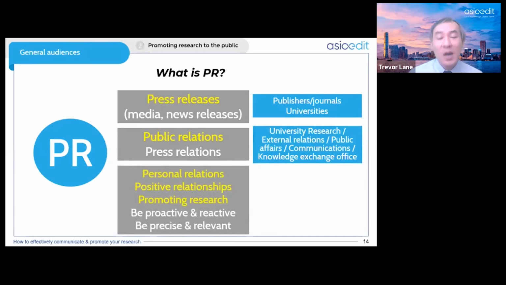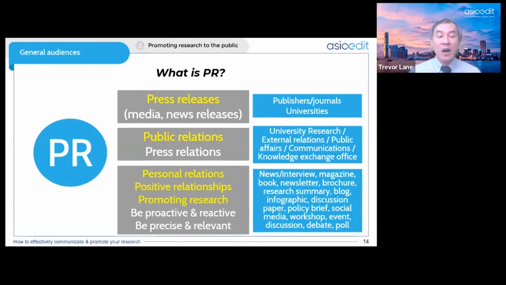PR could also mean personal relationships, positive relationships, and promoting the research, being proactive and reactive, being precise and relevant. So you're really targeting your audience and why they should read your work. In this respect, there are many types of documents you can use, geared towards the public: news and interviews, magazines and popular books, newsletters, brochures, research summaries and blogs, infographics, discussion papers, policy briefs for the government, social media, workshops, events, discussions, debates, and polls.